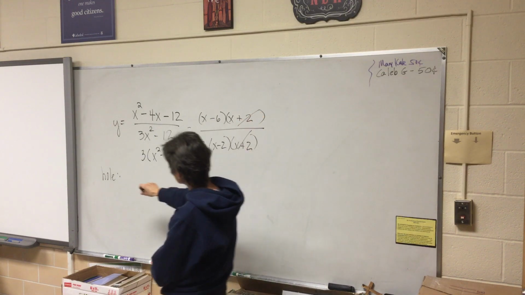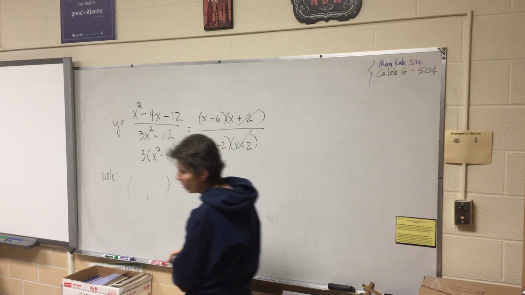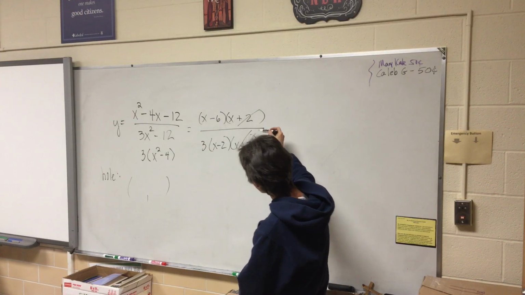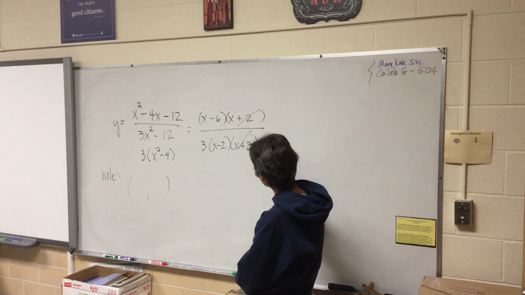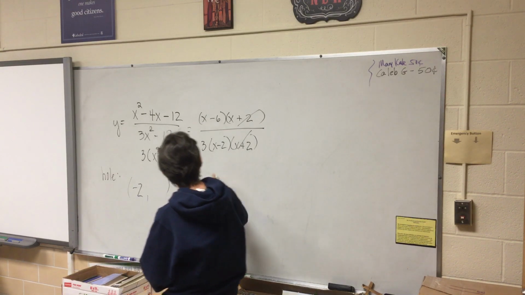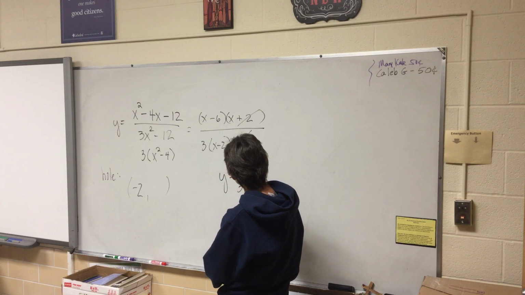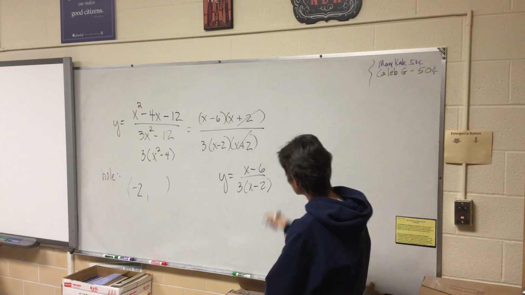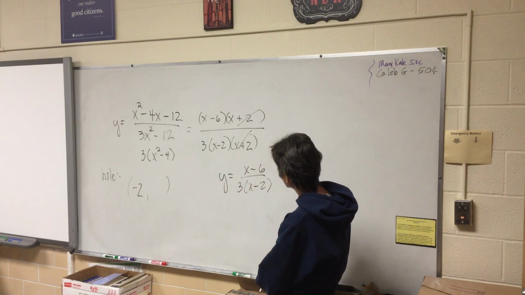And the question you were answering was, where's the hole? Well, now you know, because the hole happens where you cancel, right? Yep. So where's the hole going to be? -2. -2 comma something. And then put it back in for X. Yep, so this is what we have left after we cancel out.